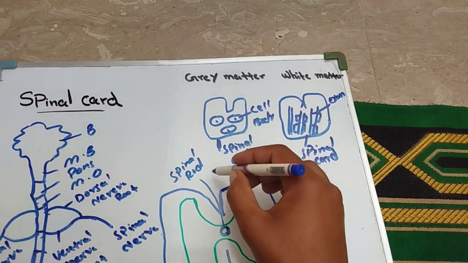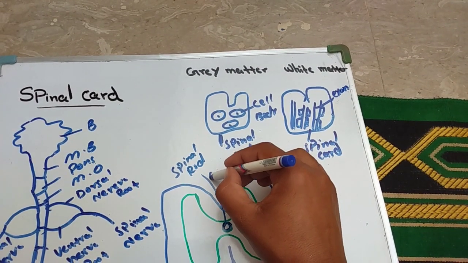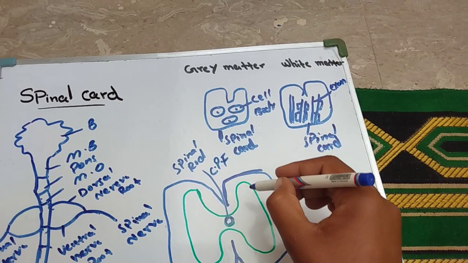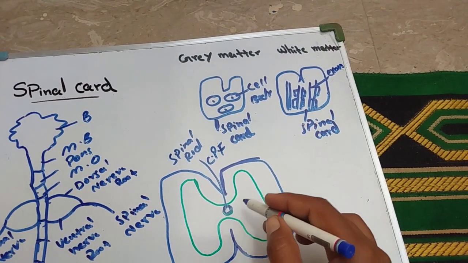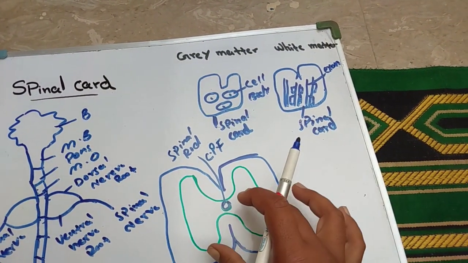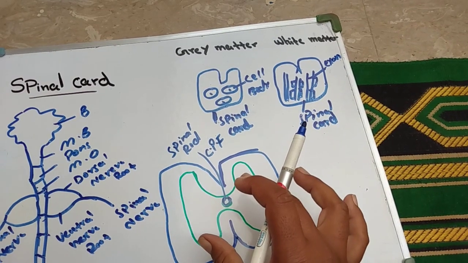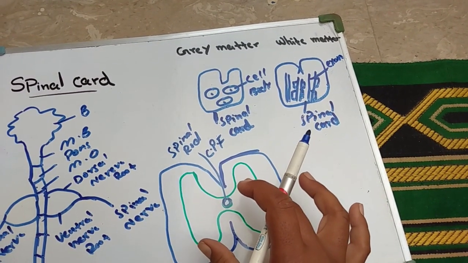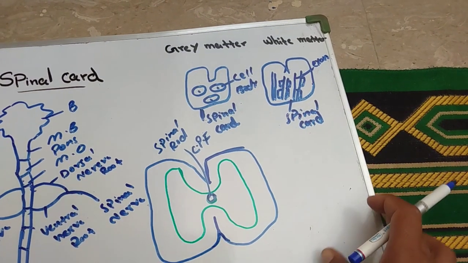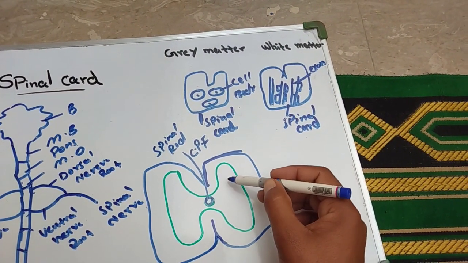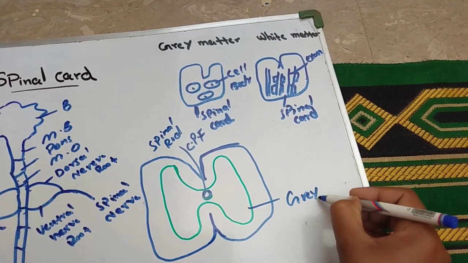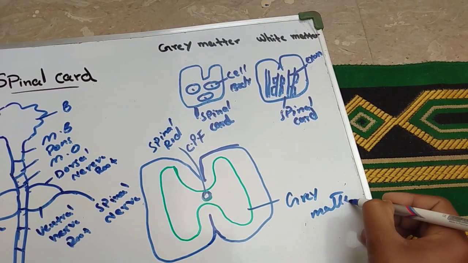The spinal canal contains cerebrospinal fluid. That's the most important fluid that prevents damage and prevents the spinal cord from breaking into pieces. So this is the gray matter.